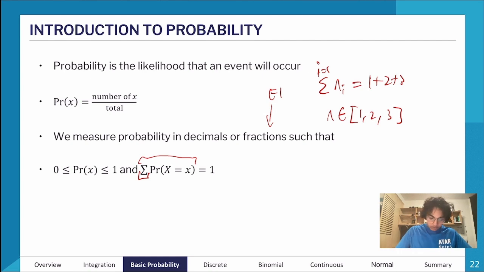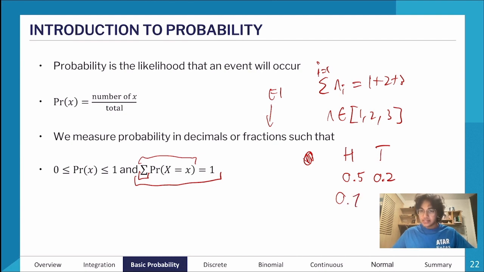And so what this whole statement is saying is that the sum of all the probabilities must add up to 1, right? So if I have 2 events, like the probability of getting heads and the probability of getting tails, they both need to add up to 1. It can't be like this, because this only adds up to 0.7, and that doesn't explain what happens the 30% of the time.